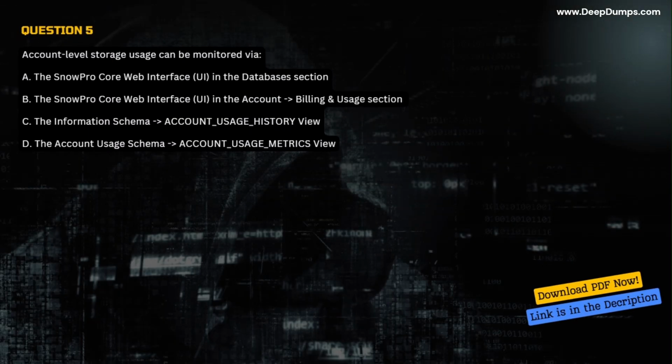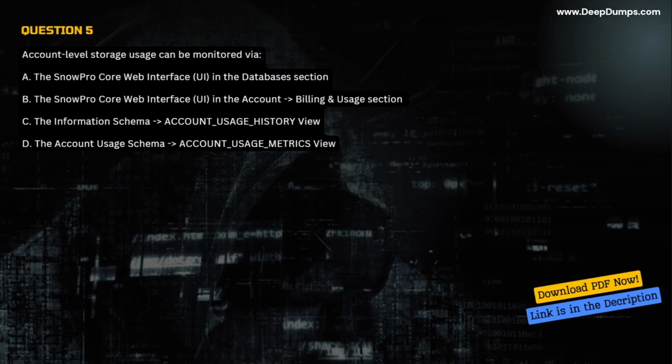Question 5. Account-level storage usage can be monitored via A. The Snowflake Web Interface UI in the Databases section. B. The Snowflake Web Interface UI in the Account-Billing and Usage section. C. The Information Schema-Account_Usage_History view.